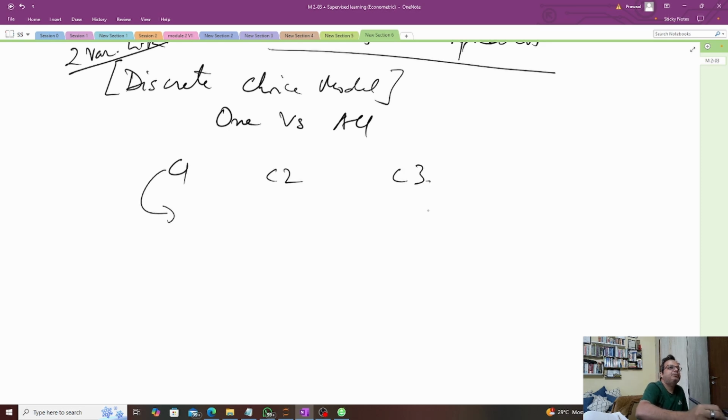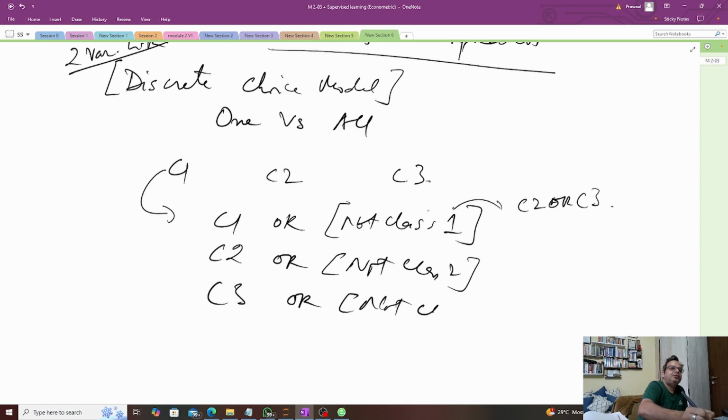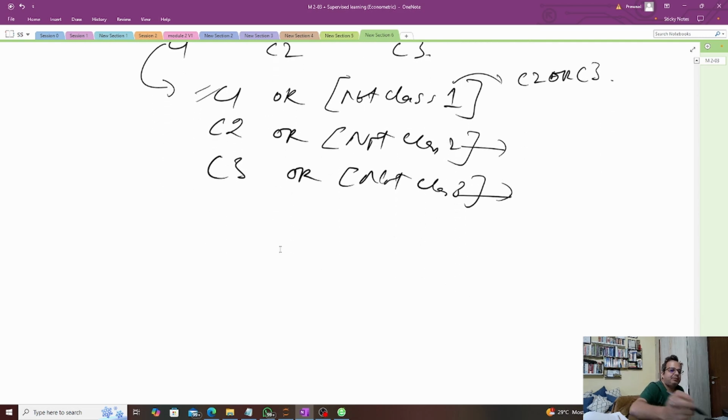We create multiple models: the first is whether it is class 1 or not class 1, which means it can be class 2 or class 3. Then whether it is class 2 or not class 2, and then whether it is class 3 or not class 3. Then we find the relative probabilities of all three and pick the one with the highest probability. So this is one method of using logistic regression when more than one class is present.